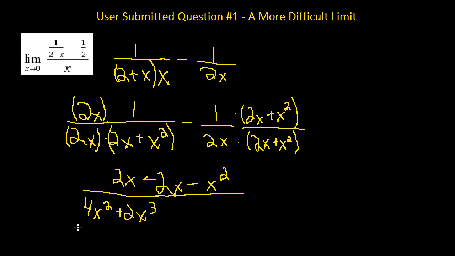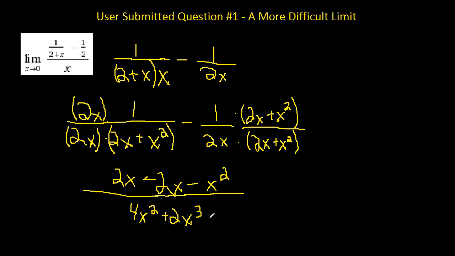Let me just rearrange this a little bit. So what we have here is just a simplified version of what we had in the original expression. So now that we have it broken down into this, we can simplify a little bit.